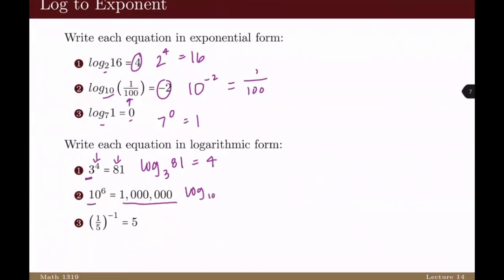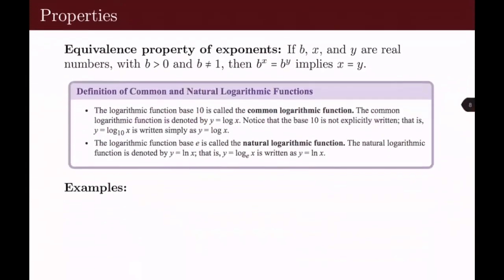The number we're trying to get to is 1 million, and it's equal to the exponent, which is 6. Last one, log base 1/5 of 5 is equal to -1, because that's the exponent. Not too bad, right? Let's keep going.